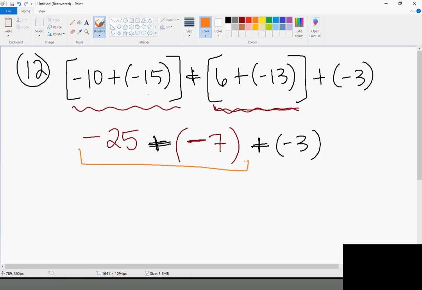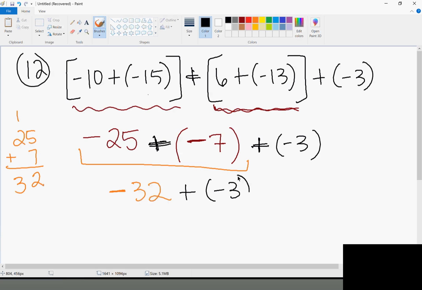If we add the first two, negative 25 plus negative 7, they are the same sign, so I'm going to keep the sign and add 25 plus 7. 5 plus 7 is 12, carry the 1, and then 1 plus 2 is 3. So negative 25 plus negative 7 is negative 32.